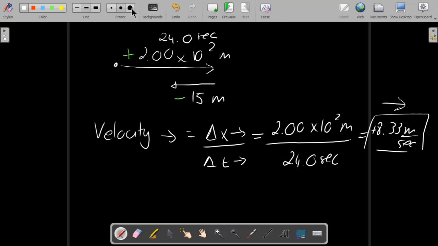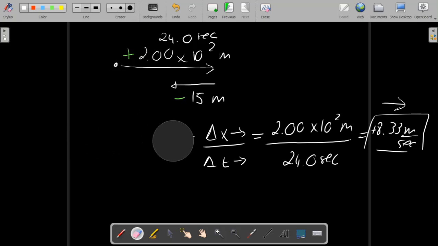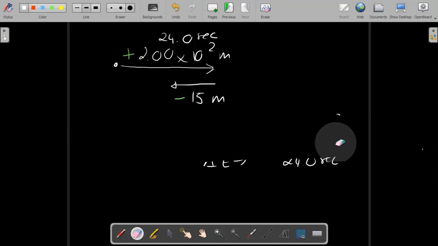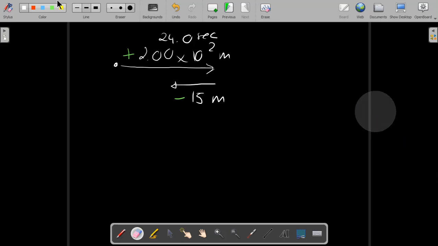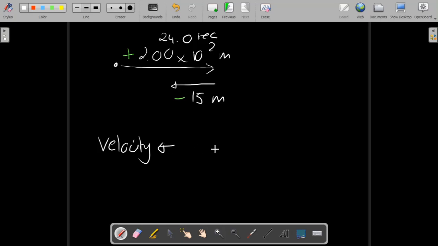Let me erase this so we can do the velocity going backwards. Velocity going backwards. The velocity going backwards, going that way, equals what? It equals your displacement going that way divided by the time it took you to travel that way. And what is that?